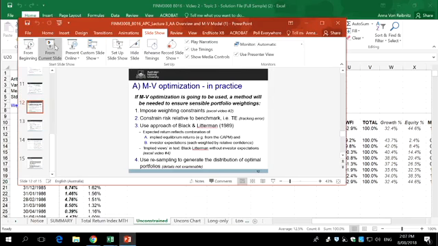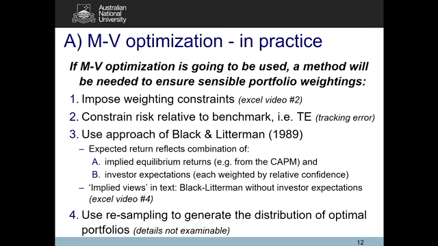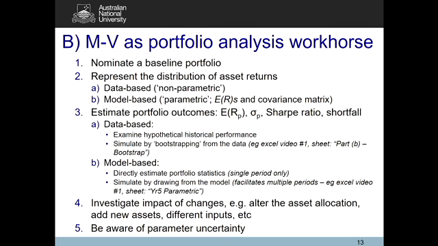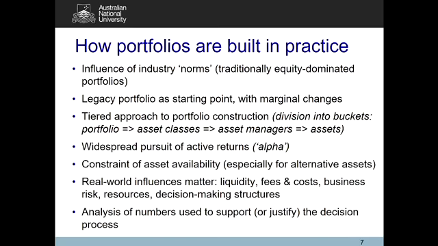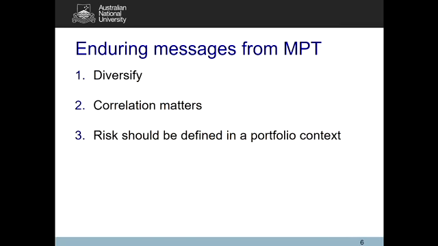So given that it does have that hypersensitivity to the input assumptions, the other way that you can use modern portfolio theory is to use it as the basis for a portfolio analysis workhorse. In other words, remember, we gained 3 enduring messages from modern portfolio theory.